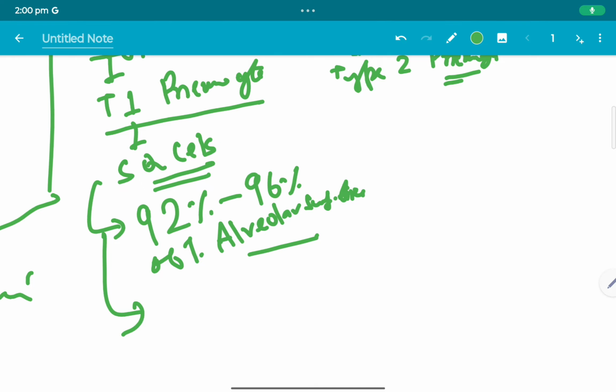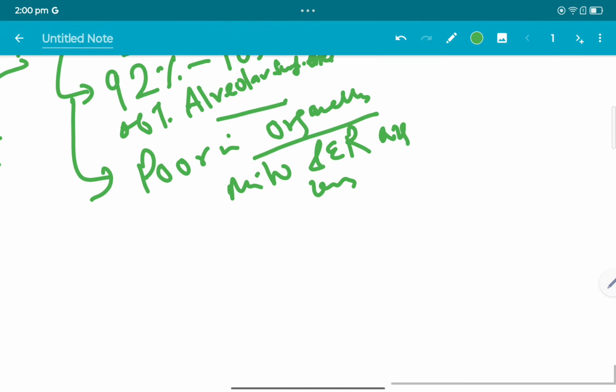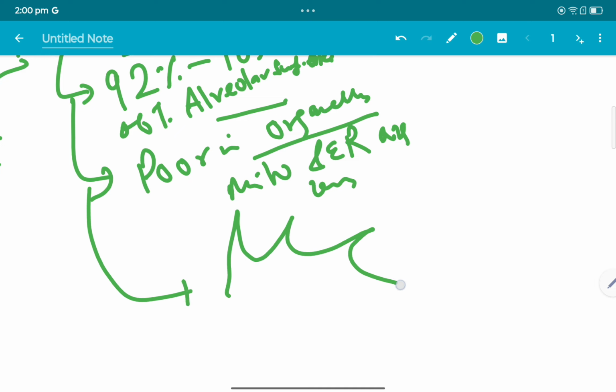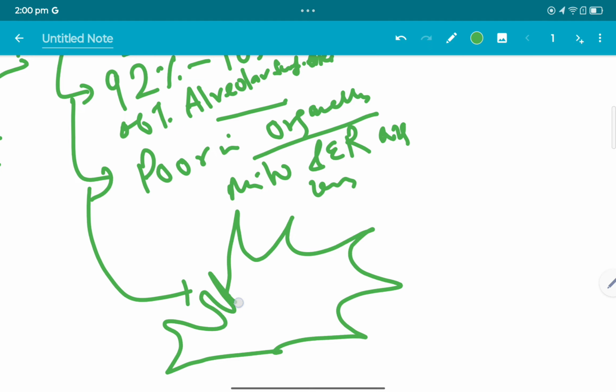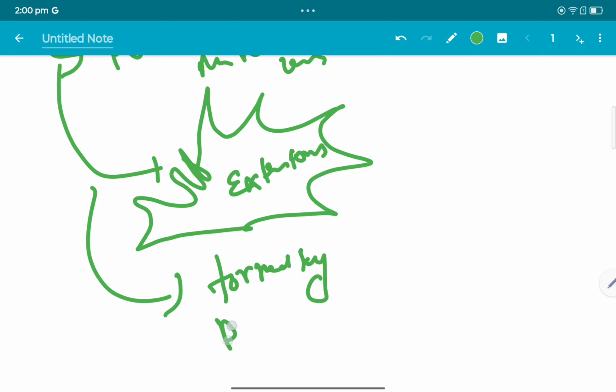The type 1 cells are poor in organelles, like mitochondria and endoplasmic reticulum. These cells have multiple cytoplasmic extensions. And how are they formed? They form by the proliferation and differentiation of type 2 pneumocytes.